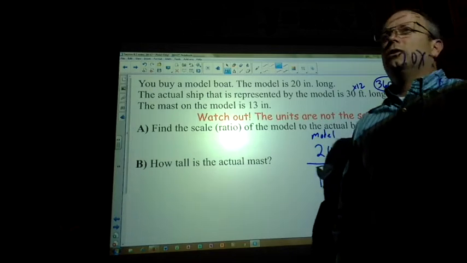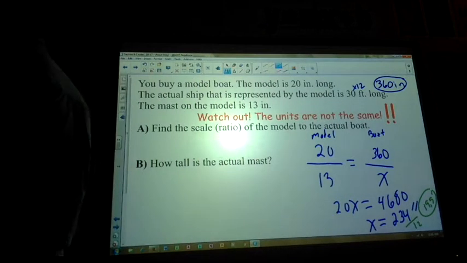But know your units. What would the ratio be? I would go 20 over 13 equals 360 over x would be the ratio for that. Are units important? Yes.